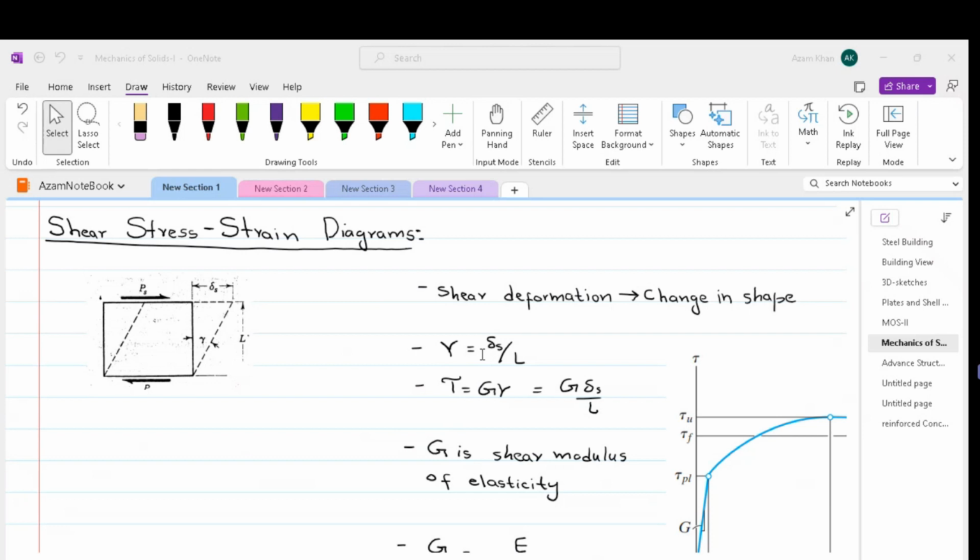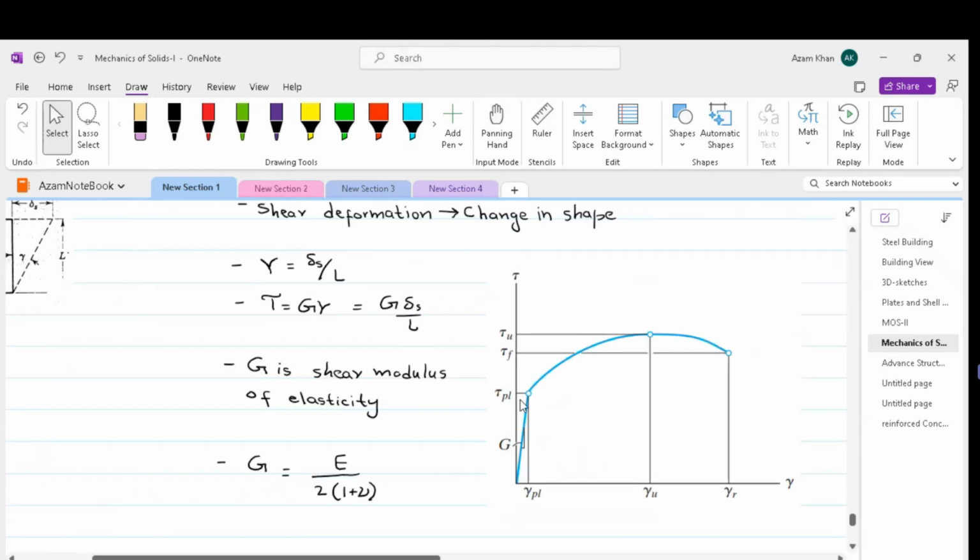Now, the relation between the shearing stress and shearing strain again assumes Hooke's law, and it can be written as tau is equal to G times gamma. G is the modulus of rigidity, or shear modulus of elasticity. This is the typical tau-gamma curve.